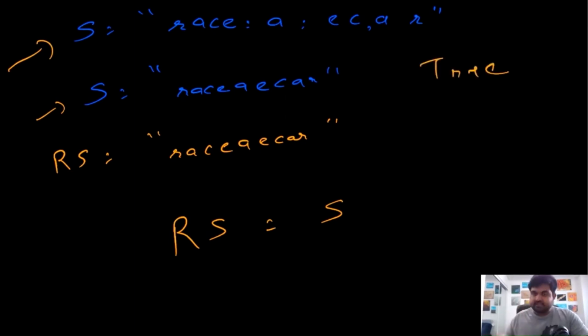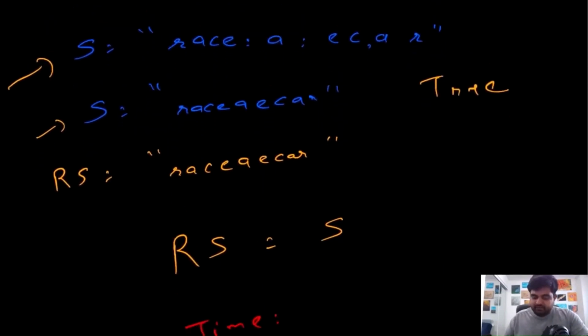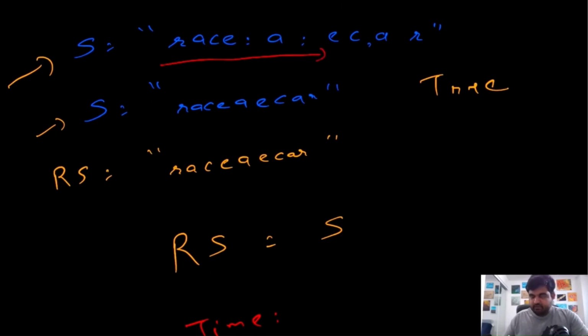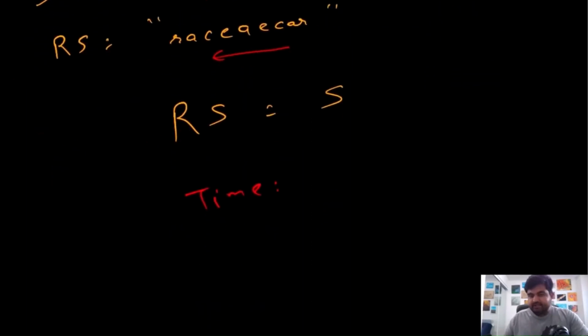So this is one of the solutions we can work with, and this solution would work as expected, no issues with that. Let's see what the time and space complexity would be. For the time complexity, first we iterate over the given string to remove all the non-alphanumeric characters, and then again we iterate over it to create a new reversed string, which means we are essentially iterating over the original string two to three times and comparing it.